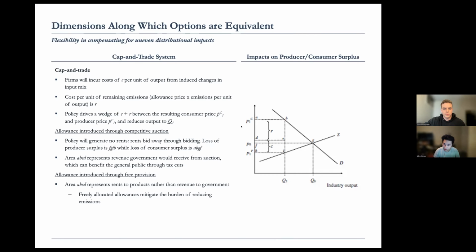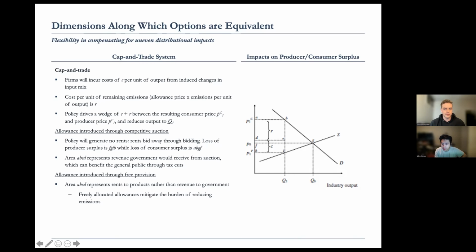It mentions how firms will incur a cost of C per unit of output, and also their cost of remaining emissions is R. Ultimately, the policy under cap and trade will create a wedge between C and R, and it will create it at Q1, and it will make the producer price P1.